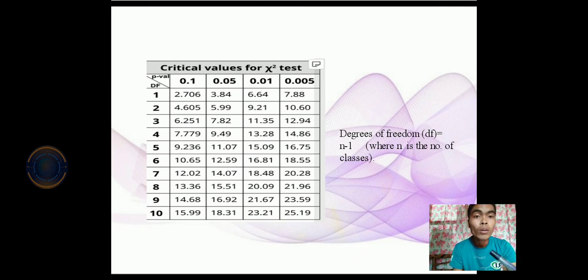So, 3 at 0.05 meaning 7.82. Now, our result kanina is 1.907. Since our main reference is 7.82, mas maliit yung 1.907. Kaya, we will accept the null hypothesis that there is no significant difference between those variables that we observe.